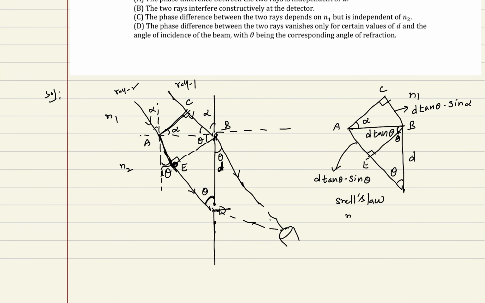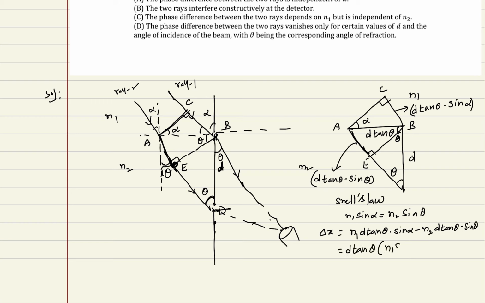Now apply Snell's law. If you apply Snell's law, N1 sine alpha is equal to N2 into sine theta. Now apply delta x. The path difference here can be written as N1 into D tan theta sine alpha minus, for the second, the N2 medium, N2 into this much distance, N2 into D tan theta into sine theta.